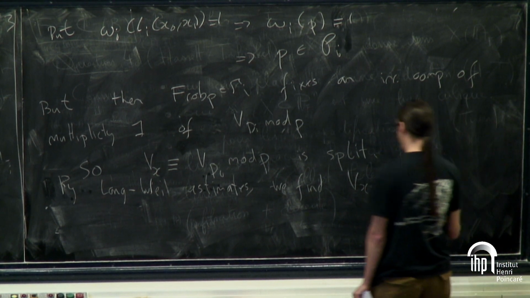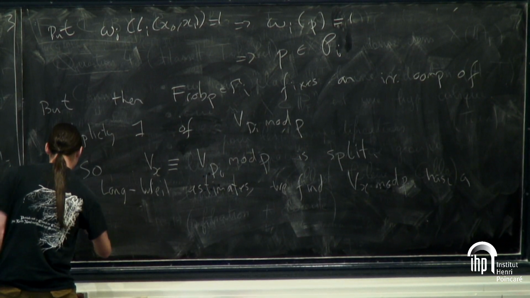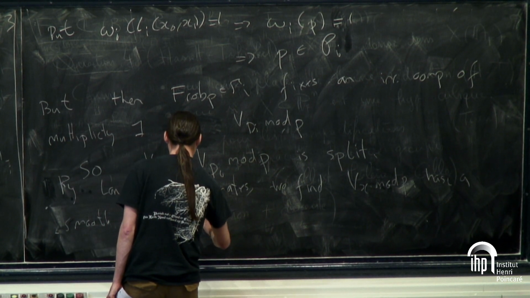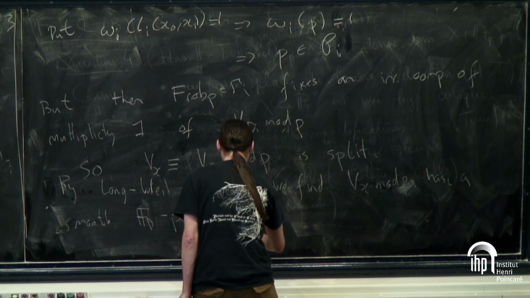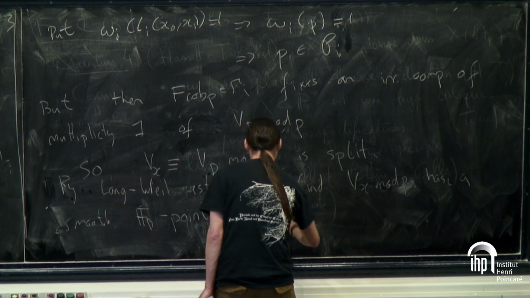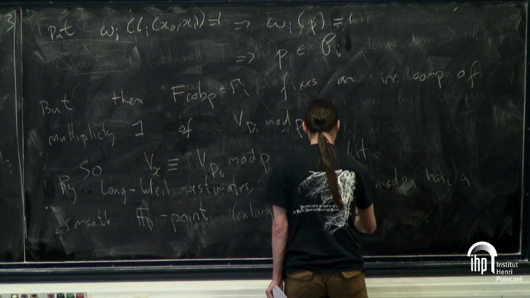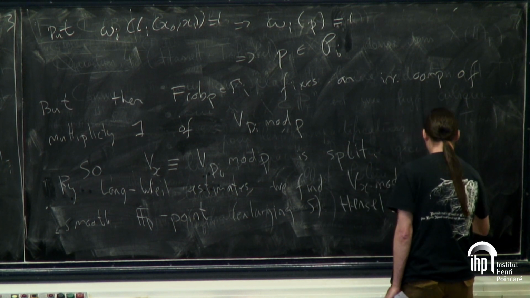In particular, it has a smooth F_p point. Here, I have to possibly increase my set of places S. But the amazing thing about the Lang–Weil estimates is they're completely uniform in your choice of point. So I can increase this uniformly, independently of x, enlarging S if I need to. And then, since it has a smooth F_p point, I just apply Hensel's lemma to deduce there's actually a Q_p point.